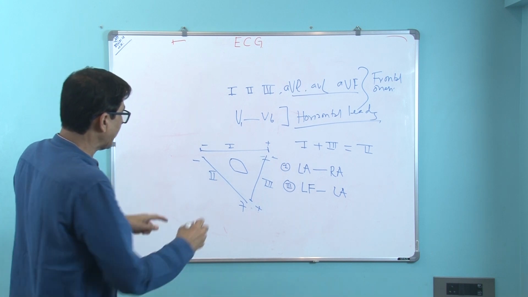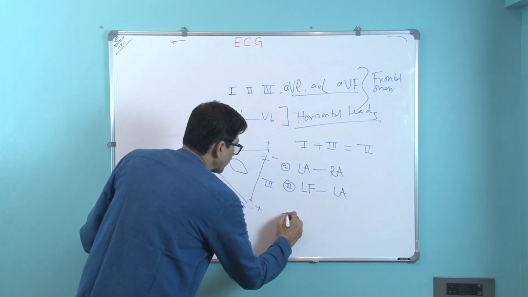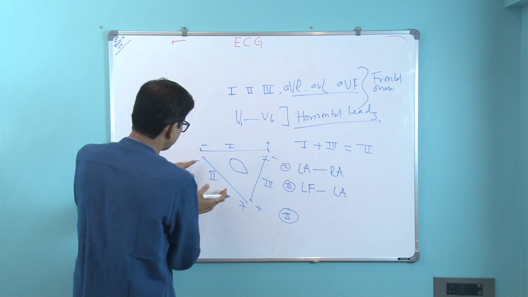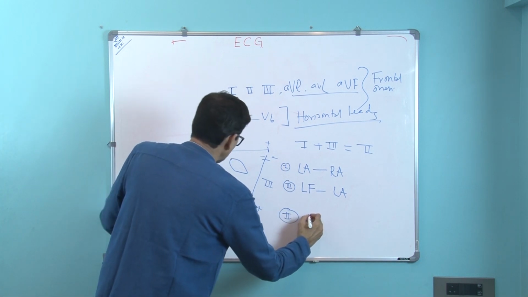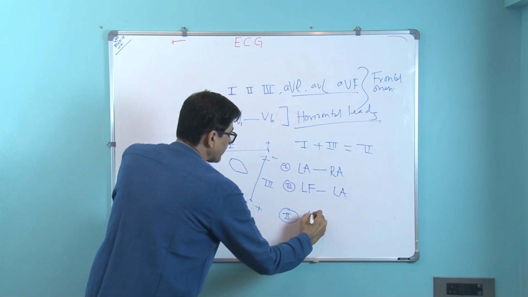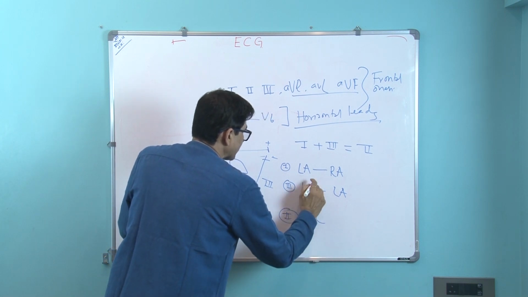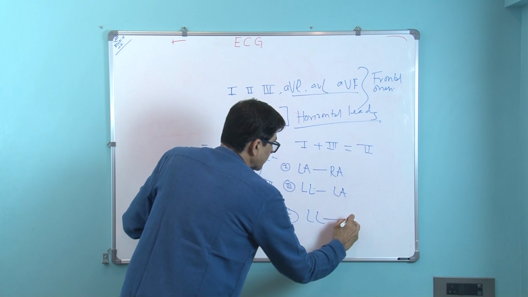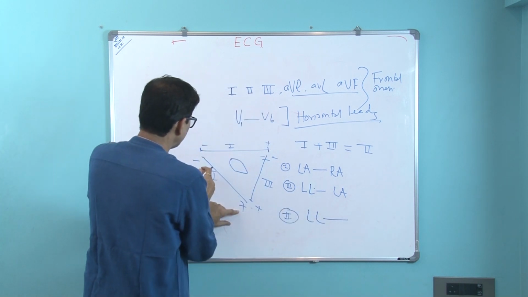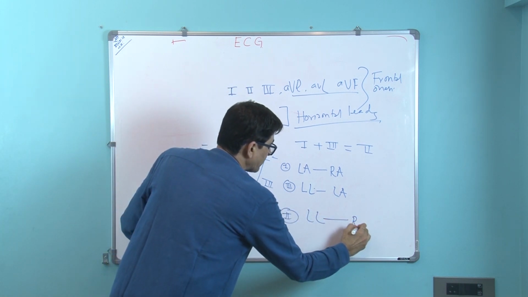And lead 2 is positive terminal to the left leg and negative terminal to the right arm.